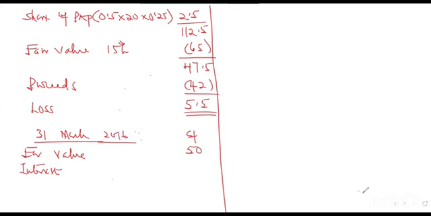The bond will have interest. The effective interest rate is the same as the coupon, so 0.06 multiplied by 50. How much are we getting? We should be getting 3 million.